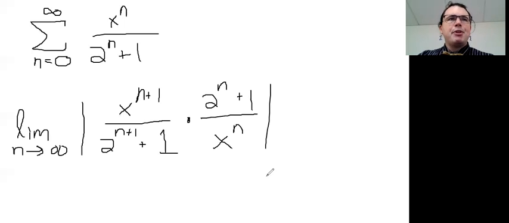Well, for this example, the absolute value bars are redundant. They are important for the ratio test in general, but this 2 to the power n plus 1, that's always going to be positive, so that's not giving me any trouble. Oh, that x is a variable, even though I've just written it as x.